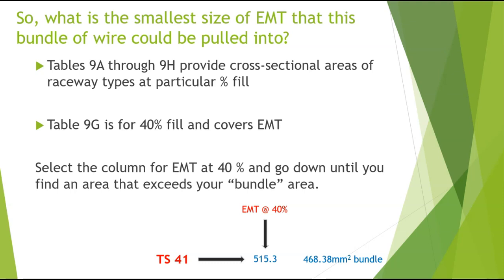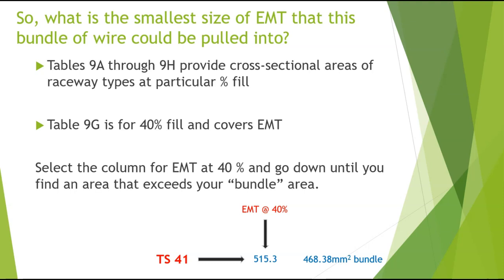And so when we take a look at tables 9A through 9H of the code, we see that that's exactly what these tables do. They give us various percentage fill values for various types of raceways that we may encounter in industry. Now, what I will say about these tables is that table 9G gives us the 40% pipe fill cross-sectional areas for the vast majority of raceway types that we will come across on a regular basis in industry.